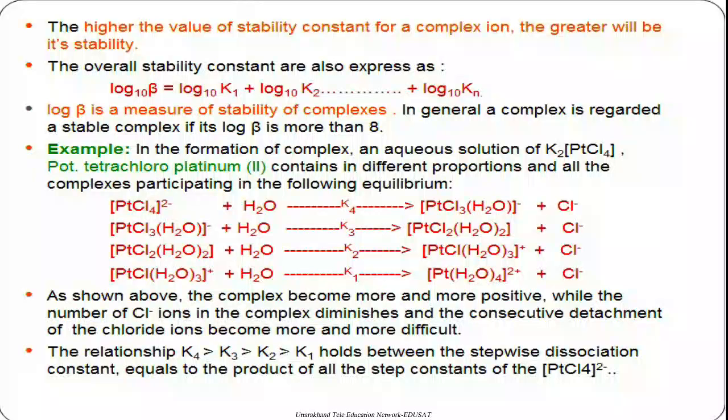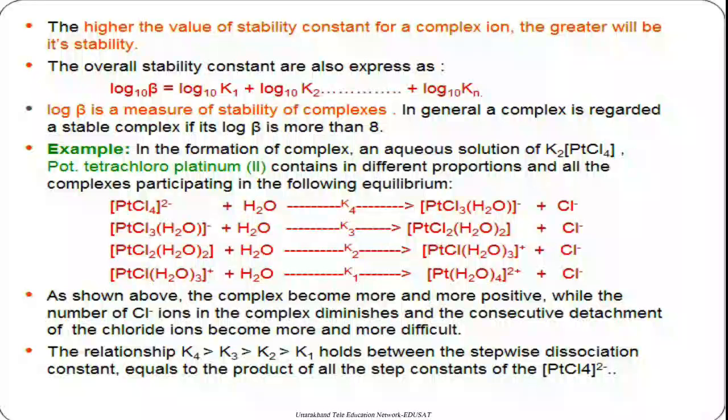This is one of the very interesting examples. Say this complex ion PtCl4. In fact, when it reacts in an aqueous medium, the water replaces the chlorine atoms one by one from inside this complex.